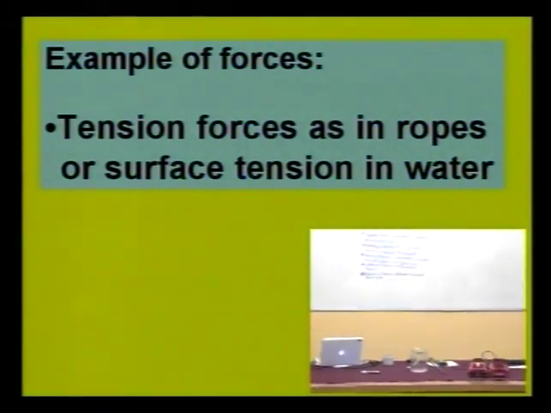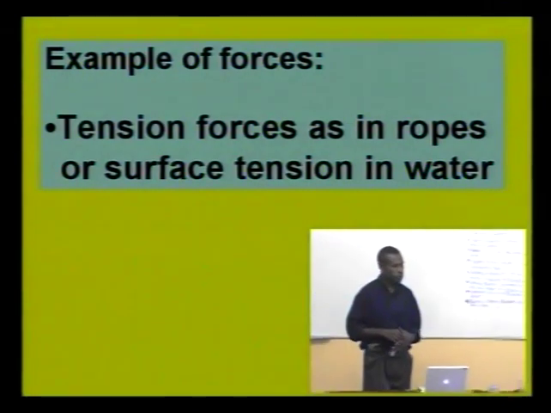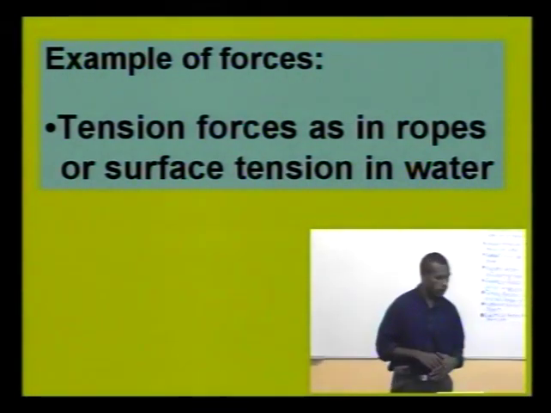Okay, very good. So tension force on the rope is simply a contact force.